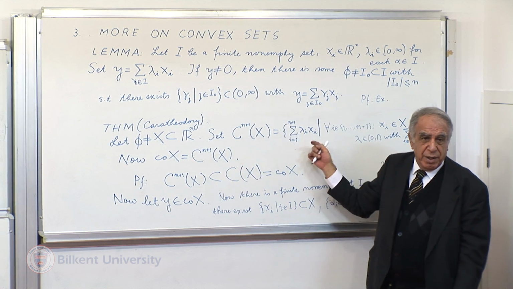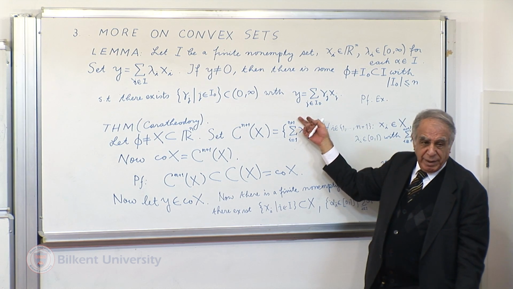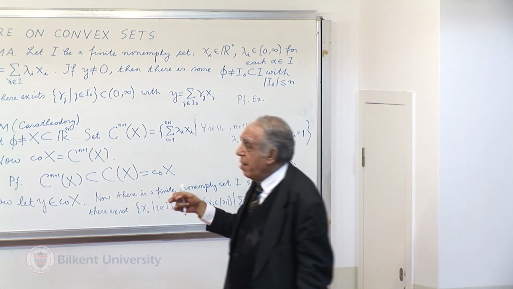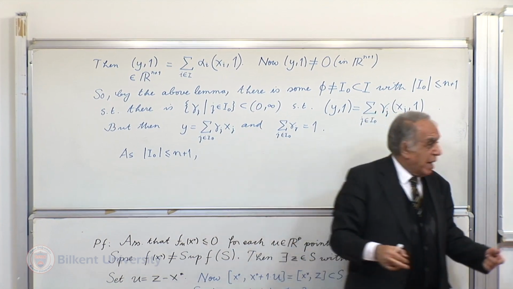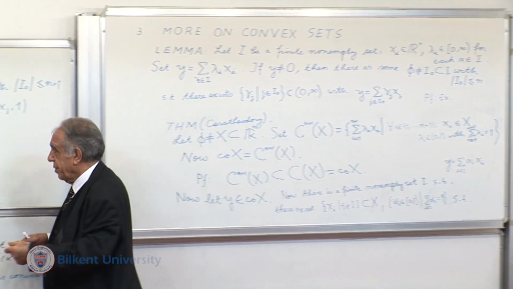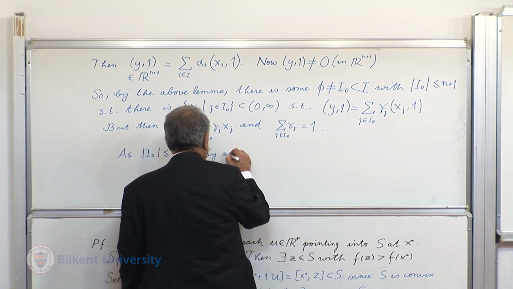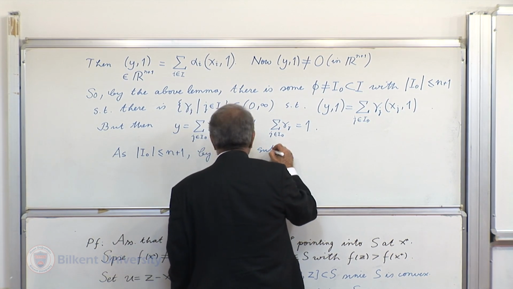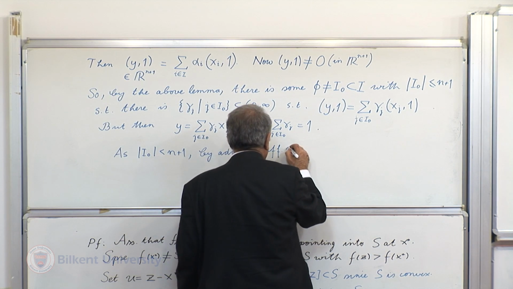If the number of terms is not equal to n+1, you add sufficiently many 0 times some x_j for j in I_0. So that becomes of this form, and its value does not change. If it's equal, there's no problem.